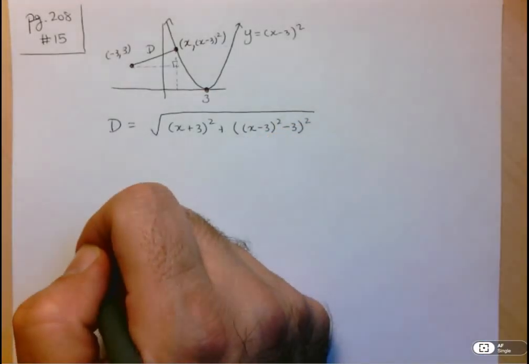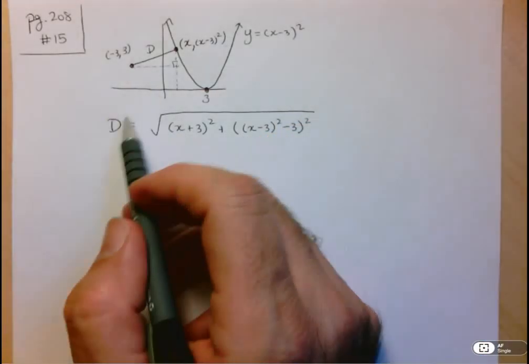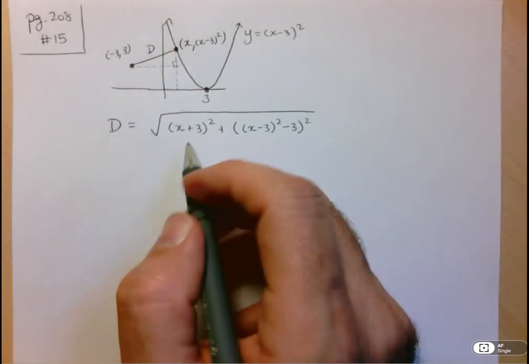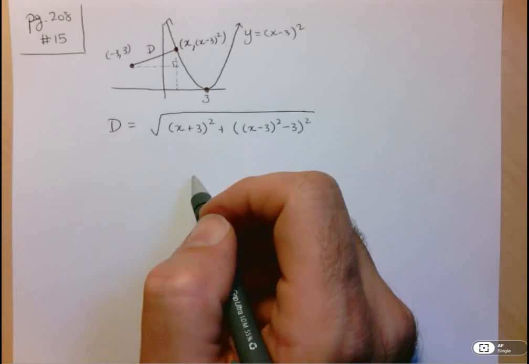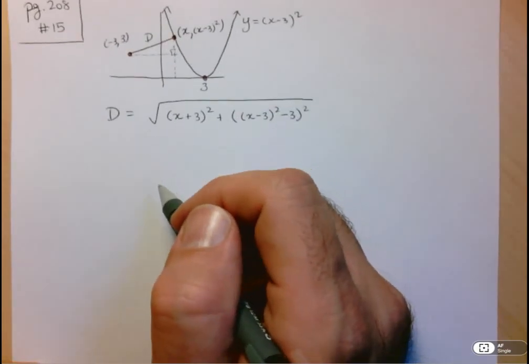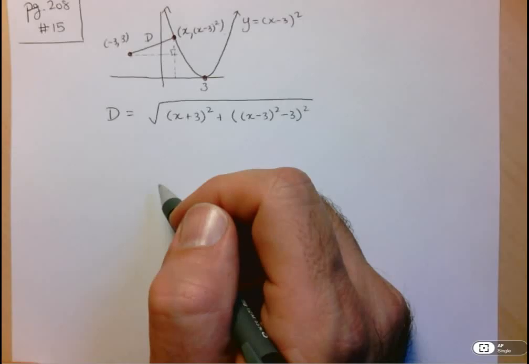Okay, so here we have a function for the distance between the 2 points, given in terms of one variable. And so now we can go ahead and go to our calculus portion of solving this problem.